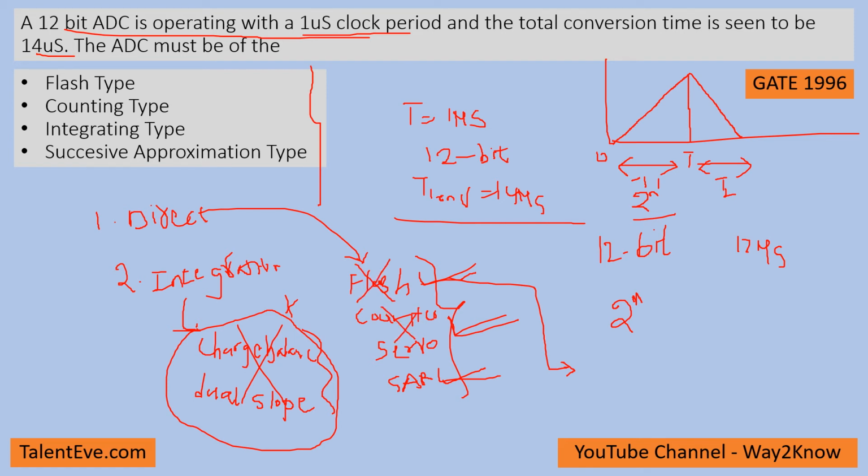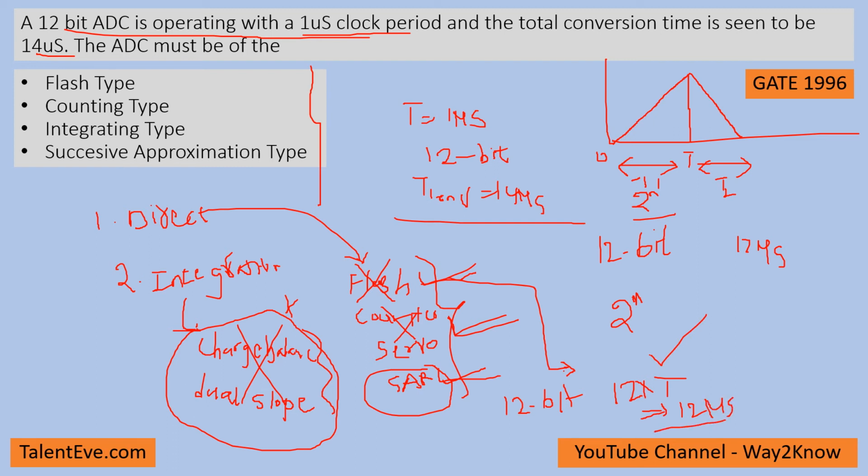Now coming to the SAR case, SAR works in such a way that the conversion time would be equal to the number of bits of the ADC. Because this is a 12-bit, it takes 12 into the time period. The time period is nothing but 1 microsecond, because the time period is each clock cycle. So it takes 12 microseconds for the conversion.